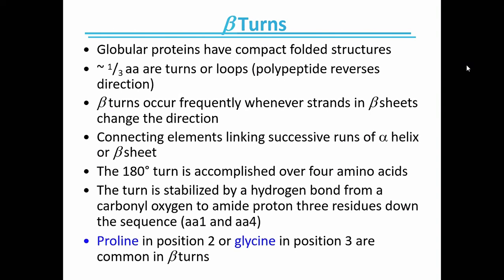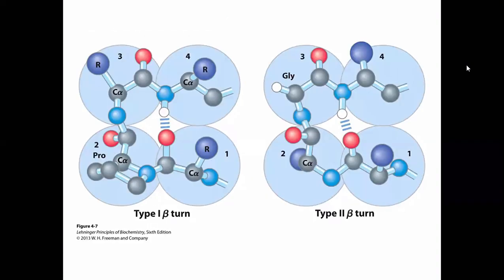That's why it's flexible. This flexibility helps the formation of the beta turn, because in a beta turn they have to turn. So they need flexible amino acids, which are proline and glycine.